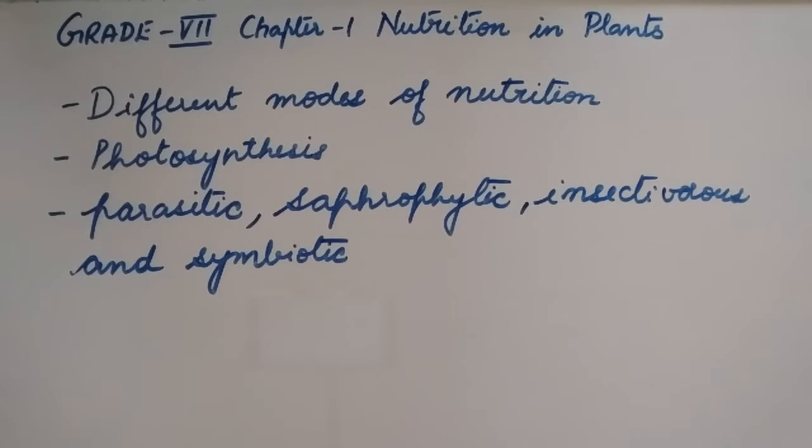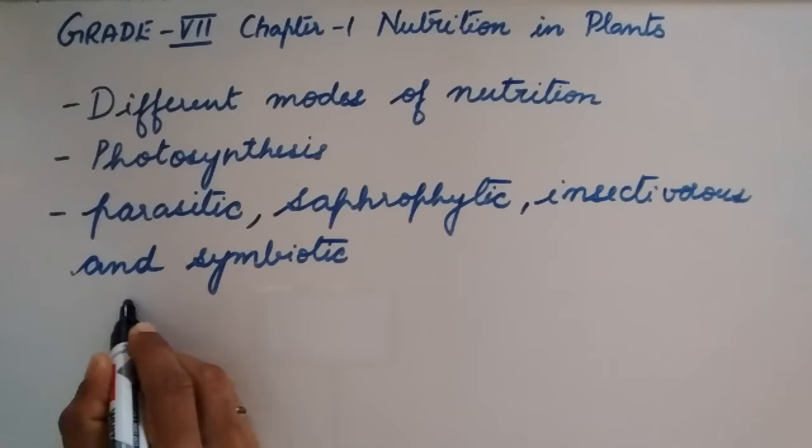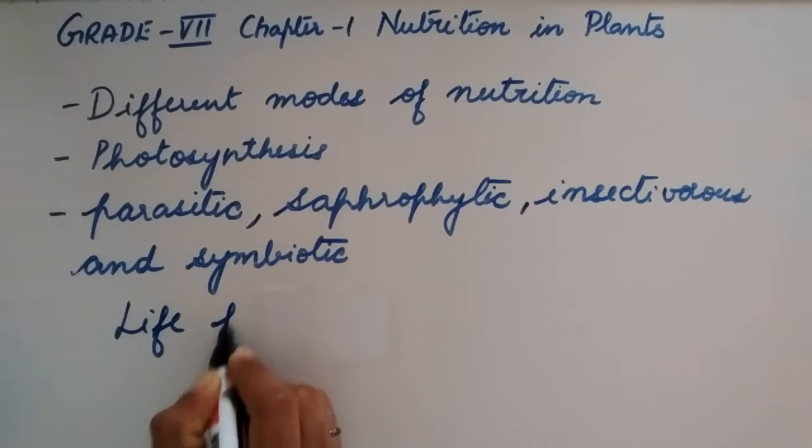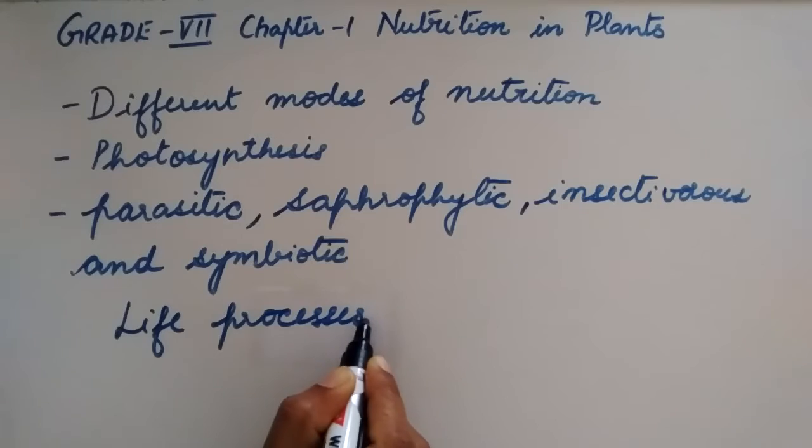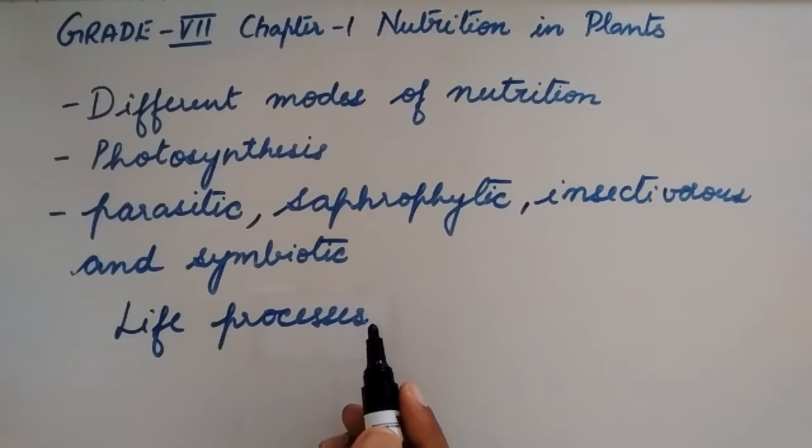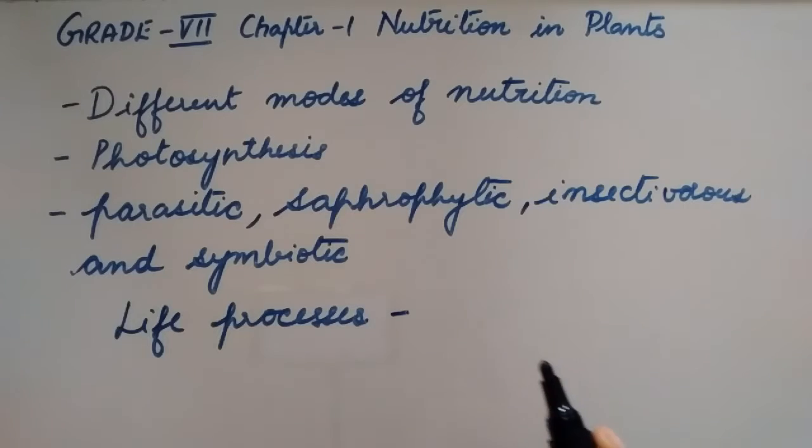The basic activities which all living organisms perform are called life processes, and examples of some life processes are respiration, growth, excretion, reproduction, etc. In order to perform these life processes, living organisms require a continuous supply of materials in the form of food to derive energy as well as for growth and maintenance of the body.